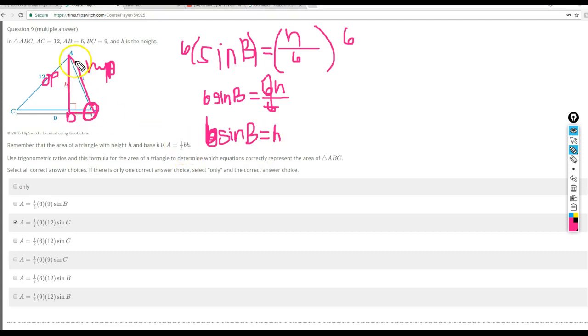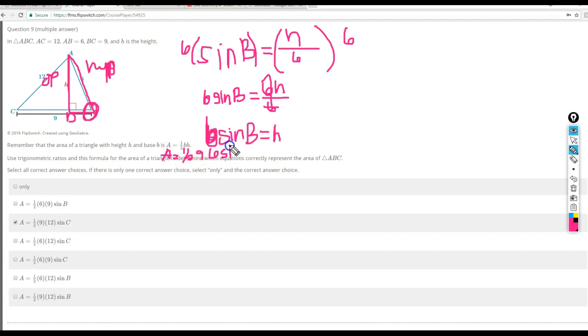And our base for our triangle ABC, since that's the area that we want to find, is 9. So by substitution, I would have area is equal to 1/2 times the base 9 times 6 sine of b, since it's equal to our h.